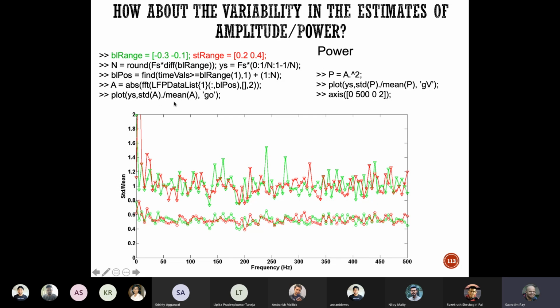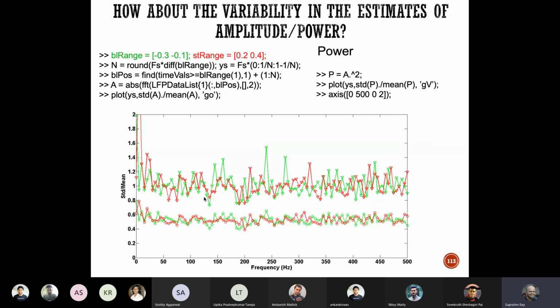So this plot here gives me this line, and this plot here gives me that line. And it doesn't matter what frequency it is. This line is more or less flat between 0 to 500 hertz. It's not dipping at 50 hertz or 60 hertz in this case, because the line noise is at 60 hertz. I guess there's a bit of a dip, but it's still quite variable.